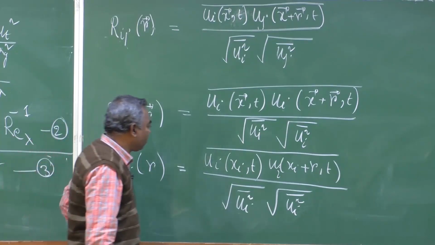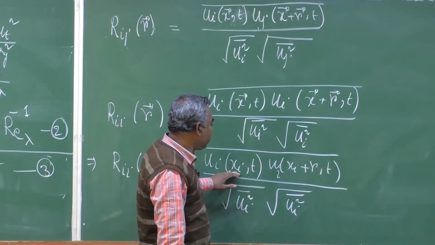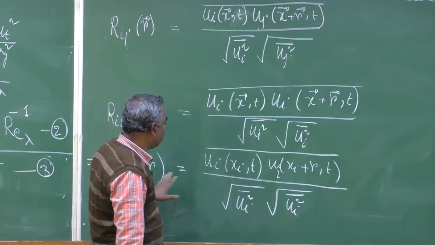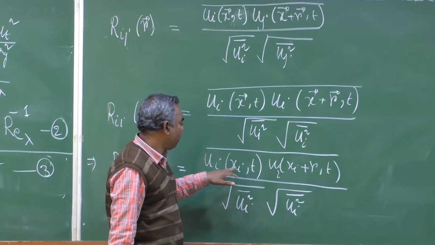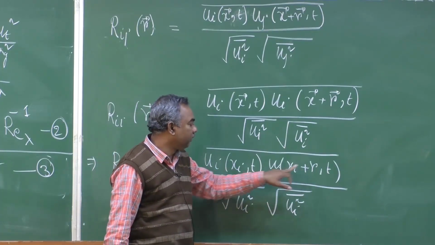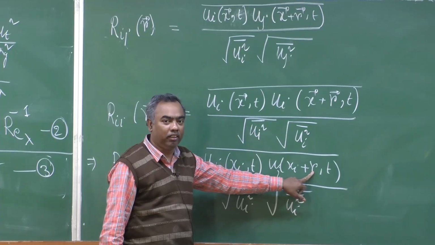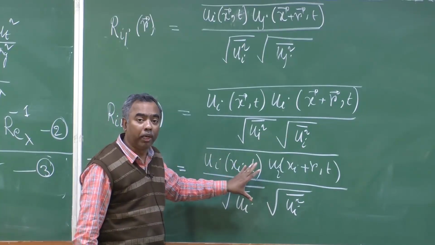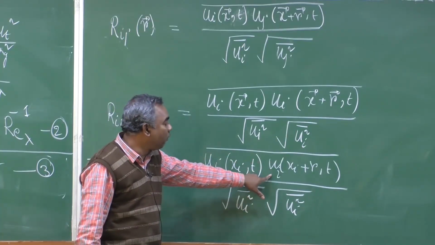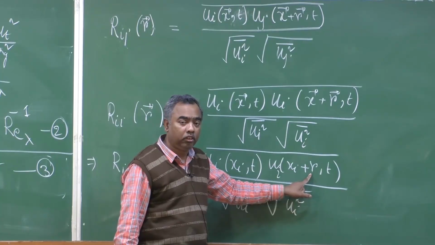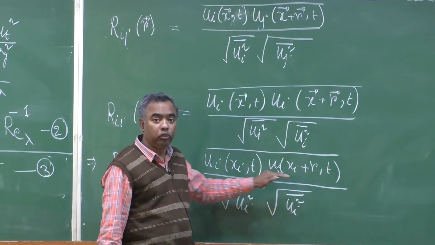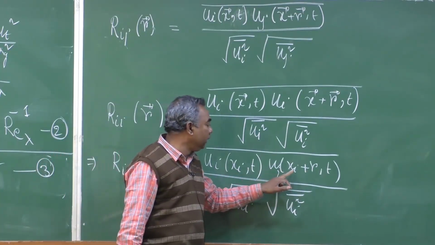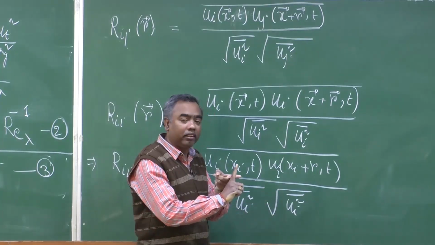Now, you see what is going on. When ui and r are parallel, we call this correlation function the longitudinal correlation. When r and ui are perpendicular, it is different.